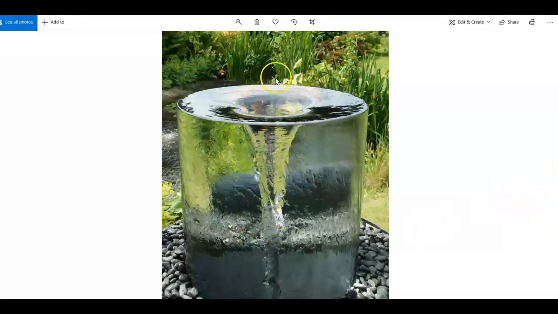This piece is symmetrical from the side. From the top, it would look radial. This is a very cool fountain. And probably if you guys looked at this long enough, you'd figure it out, but I'll let you know. This is plexiglass, and there's two cylinders of plexiglass, one inside the other one, with just a real little tiny space between them.